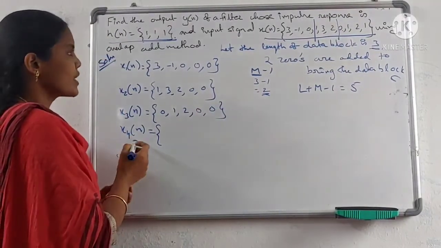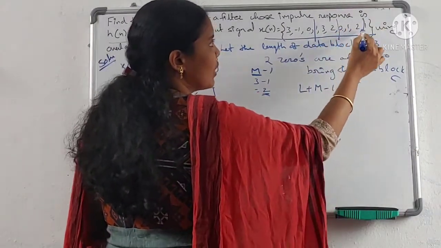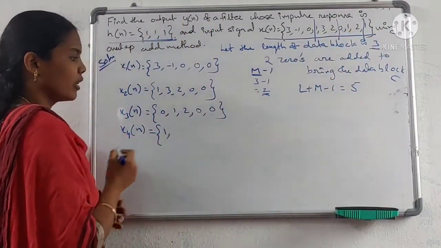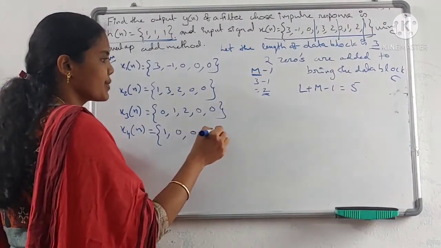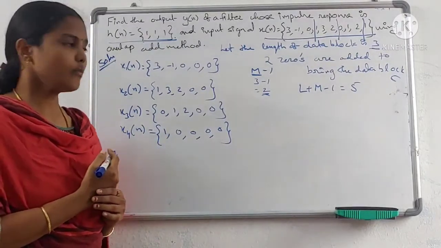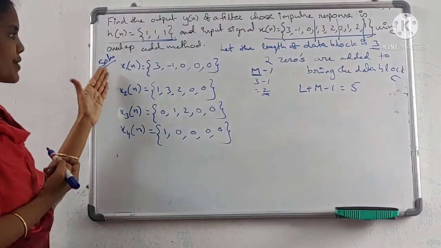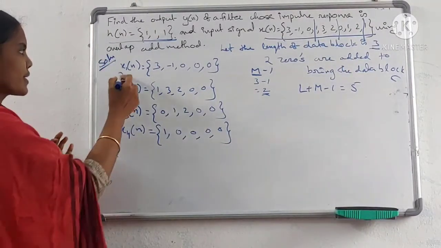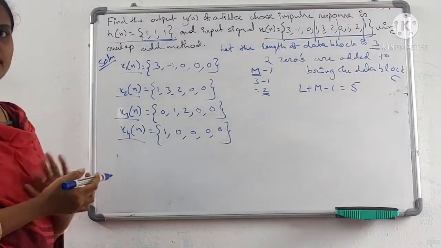Now x4 of n: we have completed up to 0, 1, 2, and for the 1 remaining you add zeros. So the entire x of n is divided into different blocks, that is x1 of n, x2 of n, x3 of n, x4 of n. This is the first step.